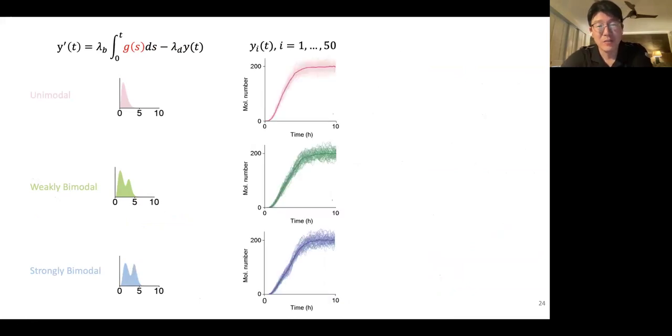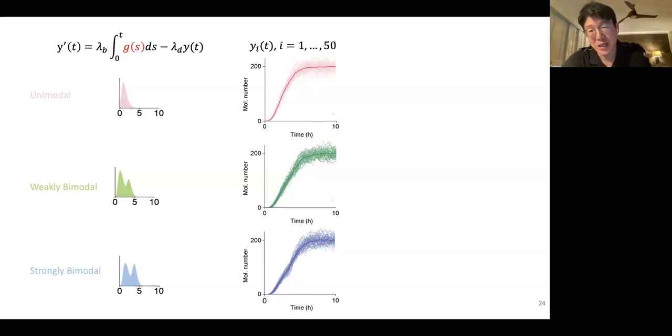And here is simulated time series data from the stochastic simulation for each time delay distribution. Please look at that the observable output time series data of these three cases are nearly indistinguishable.